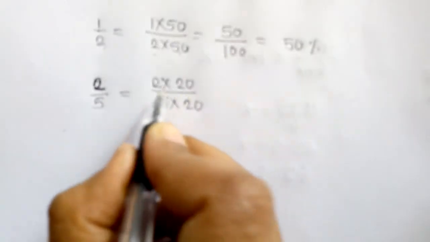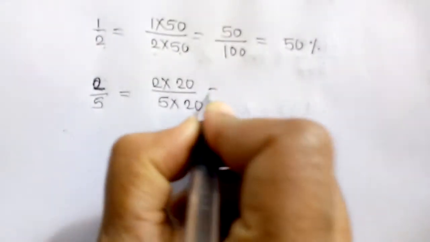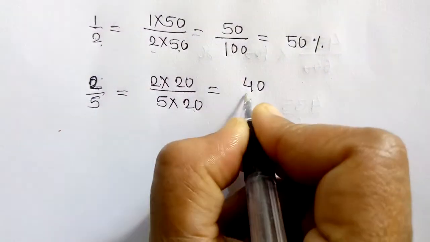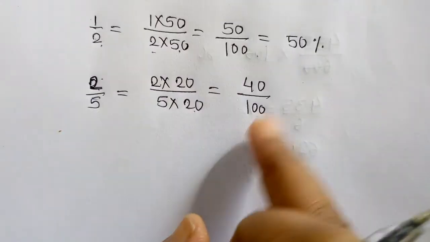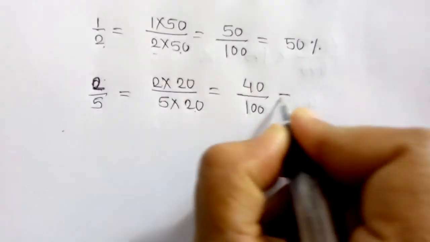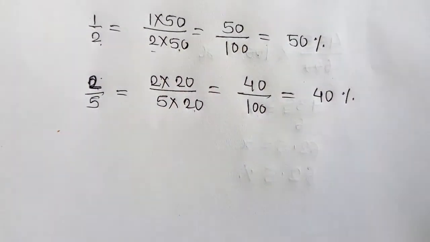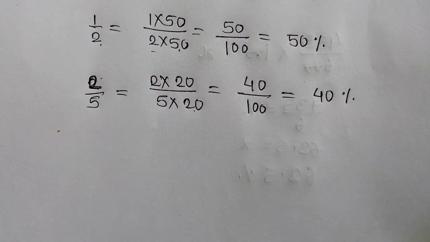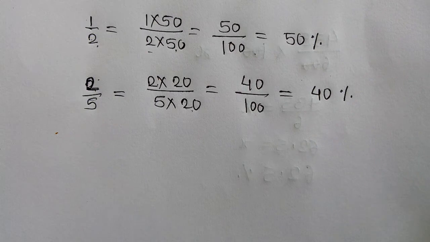Okay. So 2 2s are 40, so it will be 40, and 5 20s are 100. Here we got 40 out of 100. 40 out of 100 means 40 percentage. Simple. So simple. Hope you understood what percentage means and how to convert a fraction in the form of a percentage and a percentage in the form of a fraction.